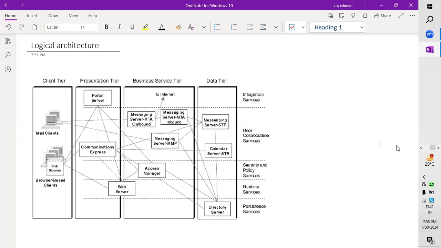At the same time, when we try to understand the logical architecture, it also focuses on the dependencies between various Java enterprise components. It can be portal servers, for example, depending on the communication, which expresses its messaging as well as channels. At the same time, access managers for authentication and authorization services.